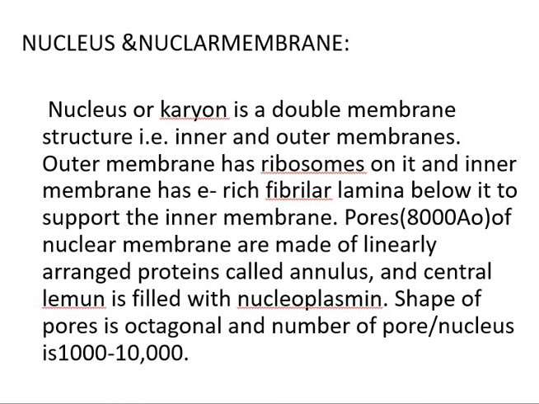Nuclear pores are made of linearly arranged proteins called annulus, and the central lumen of the annular structure is filled with nucleoplasmin. The shape of the pore is octagonal, and the number of pores along the nucleus may be 1,000 to 10,000 in different types of cells.